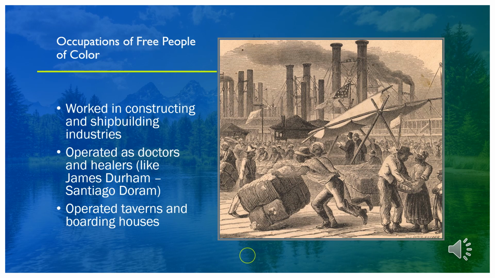For example, James Durham was a formerly enslaved individual of a doctor. He was born in Philadelphia in 1762, and he learned medical skills from his enslaver, Dr. John Kearsley.